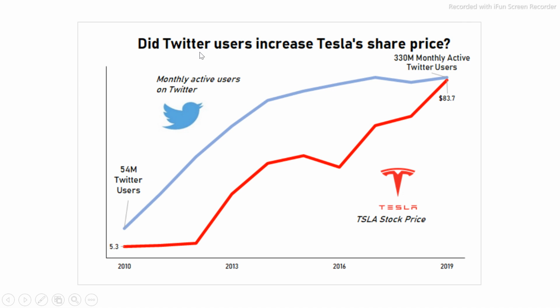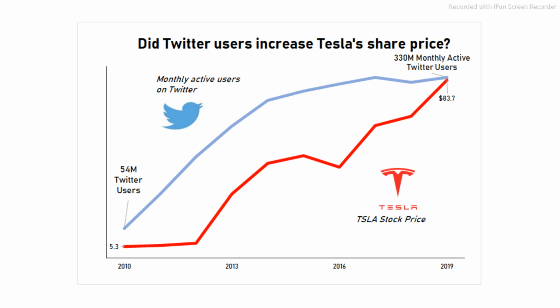Similarly, did Twitter users increase Tesla's share price? If the number of Twitter users is increasing, the Tesla price is also increasing. They are highly correlated. As more people are tweeting about Tesla, maybe their share price is also increasing in some quantifiable terms.